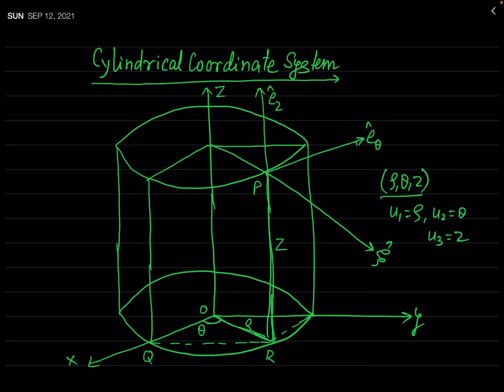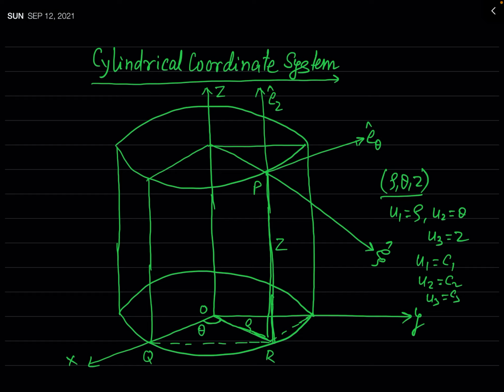As you know, in the discussion of curvilinear coordinate systems, we considered three coordinate surfaces, expressed by the equations u1 equal to some constant c1, u2 equal to a constant c2, and u3 equal to a constant c3.